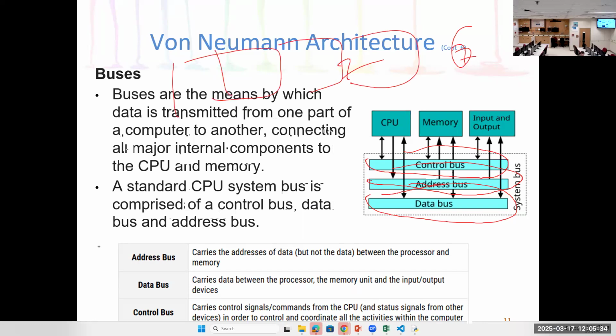You have to tell which one you want to take for number 7 and which one for number 6. The control bus tells you what action you need to do. And for the data bus, you carry data between the processor, memory unit, and the input and output devices.